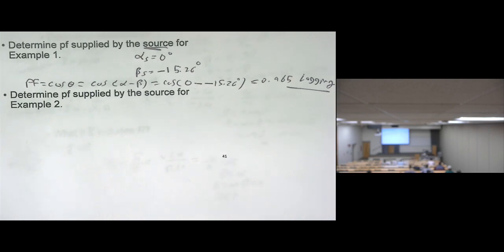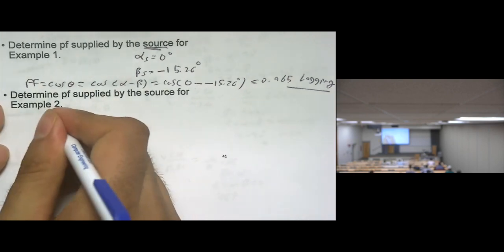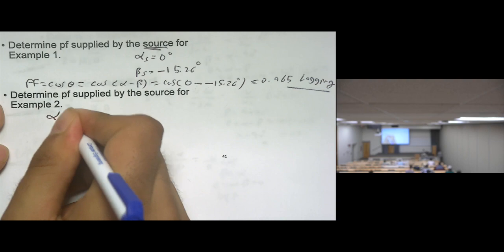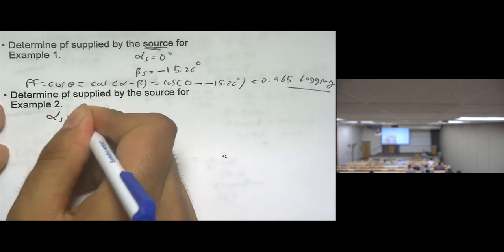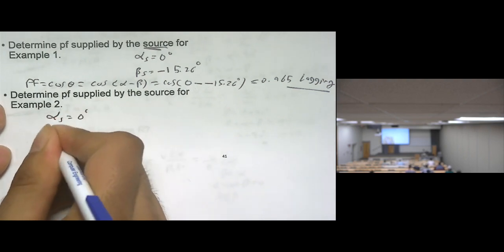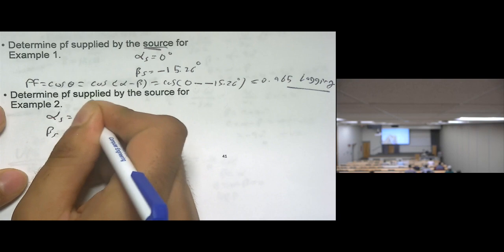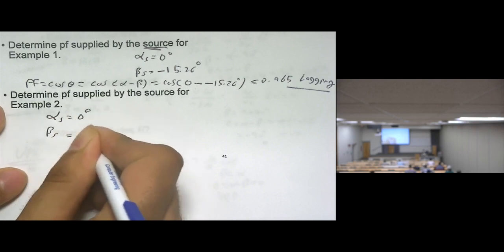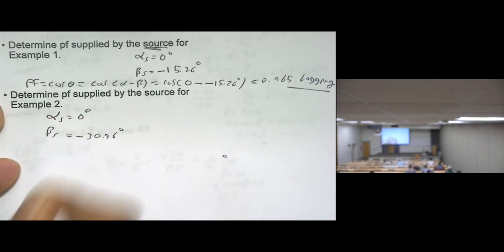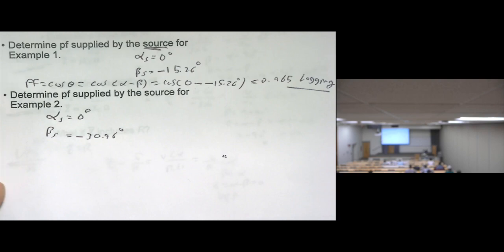Okay, example number 2 in the last lecture as well. The angle of the voltage source was 0. The angle of the current associated with the voltage source was negative 30.96 degrees. How can I find the power factor?